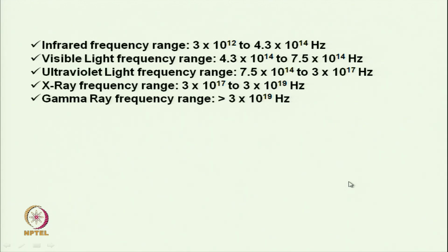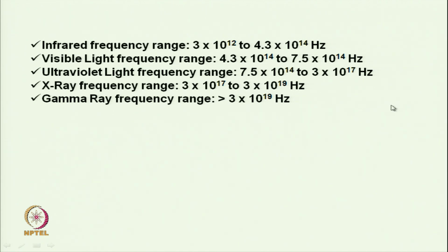So, the energy, that wavelength, if we see, infrared frequency range is from 3 multiplied by 10 to the 12 to 4.3 multiplied by 10 to the 14 hertz, and UV light frequency range is from 7.5 multiplied by 10 to the power 14 to 3 multiplied by 10 to the 17 hertz.